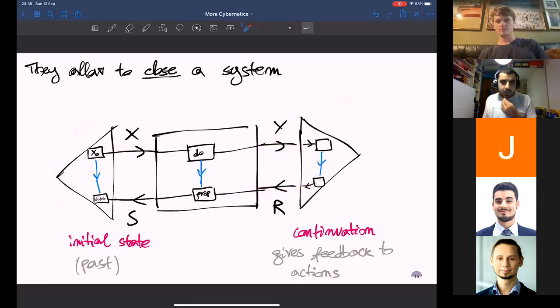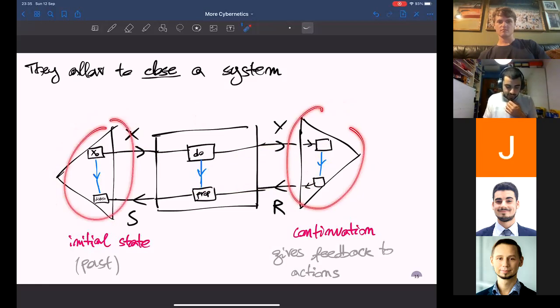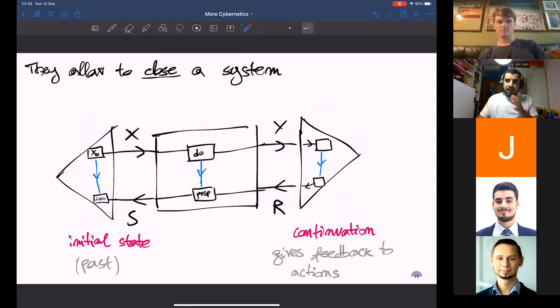Also bear in mind that these can actually be very big, because they could be the composite of many pieces of a system with a final, let's say, trivial costate, or on the other side, many pieces of the system and an initial trivial state. So I say initial state here, but this initial state could be the result of a lot of computations.